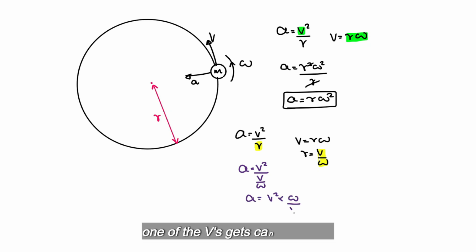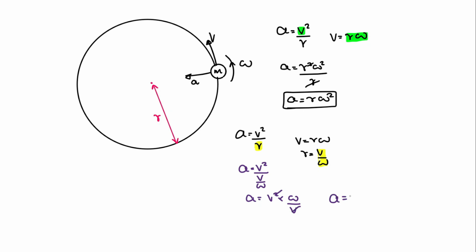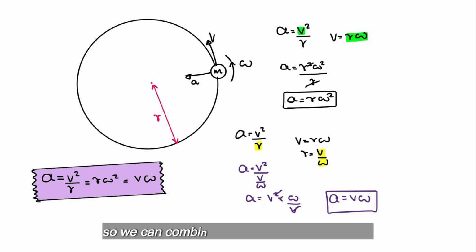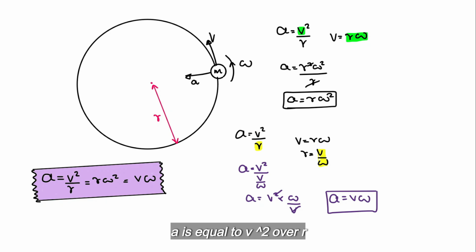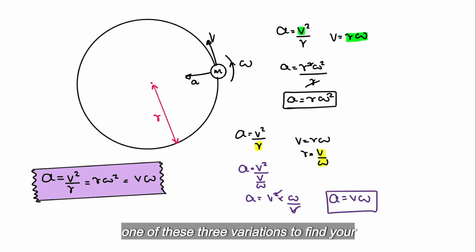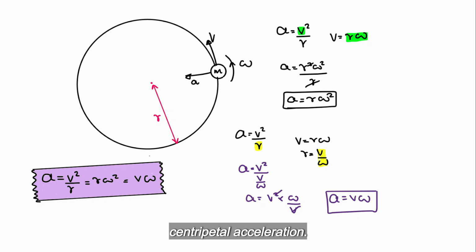Now one of the v's gets cancelled out, then I get the third variation, v omega. So we can combine everything and we can see a is equal to v squared over r, or r omega squared, or v omega. You can use any one of these three variations to find your centripetal acceleration.